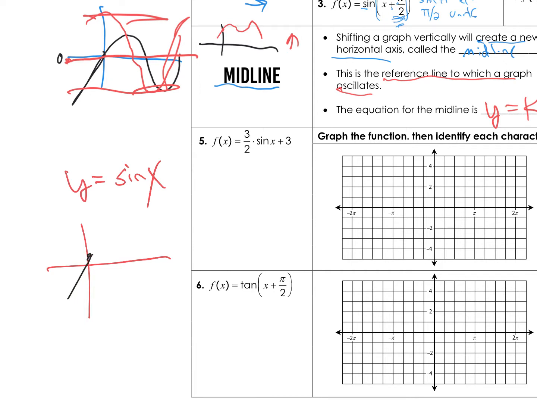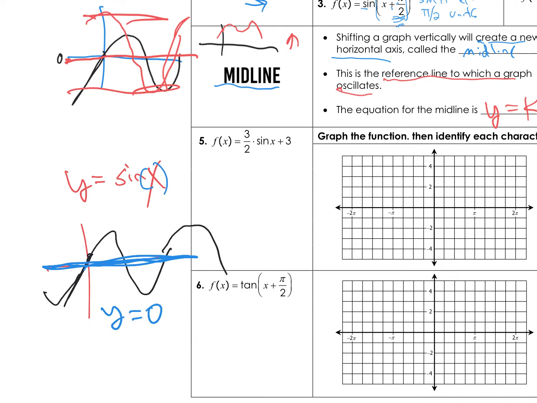We knew that the graph did something like this, and it continued, of course, and it also went that way. We know for a fact that the midline is y equals 0. Well, because outside of this sine of x was a plus 0. So my k was equal to 0. So we know the midline was at the 0.